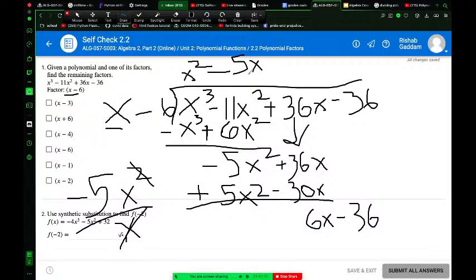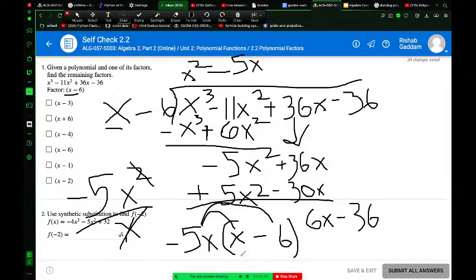Okay, so basically what you have to do is multiply negative 5x by x minus 6. You just multiply this first, and then you multiply this next. So what's negative 5x times x?